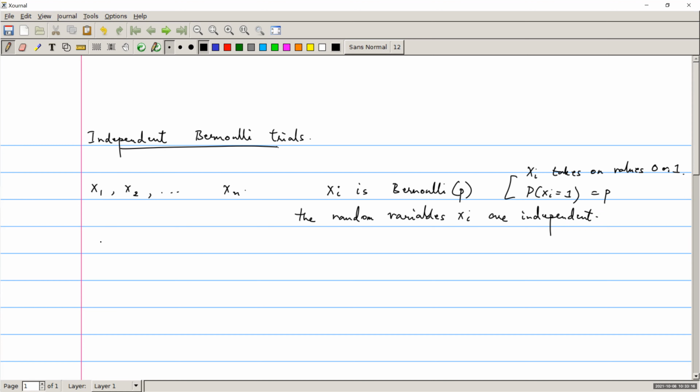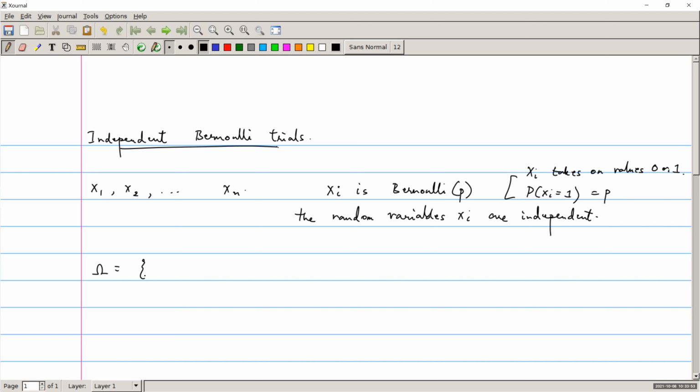So here, what is the universe? Last class we said we are going to use all possible combinations of outcomes of x1 through xn as our universe. What will be the universe in this case?